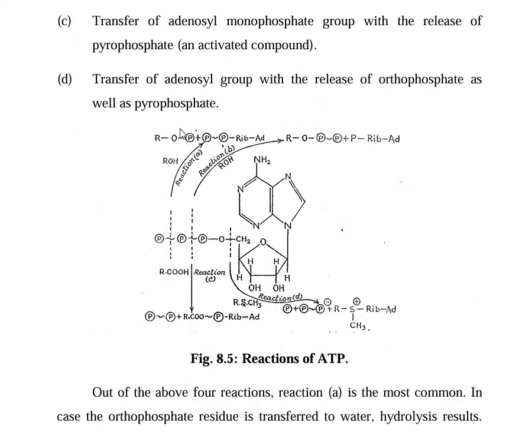Now you can see here this structure: 1 phosphate, 2 phosphate, 3 phosphate. So on reaction A, the alpha phosphate reacts with ROH and gives this product. Reaction on this center gives 2 phosphate, RCOO and phosphate ribose.